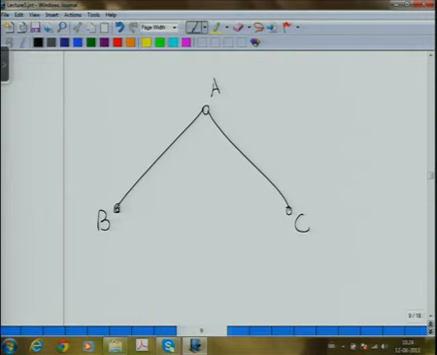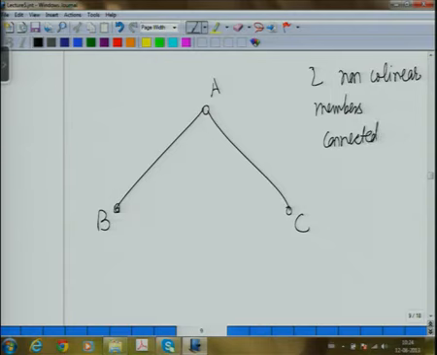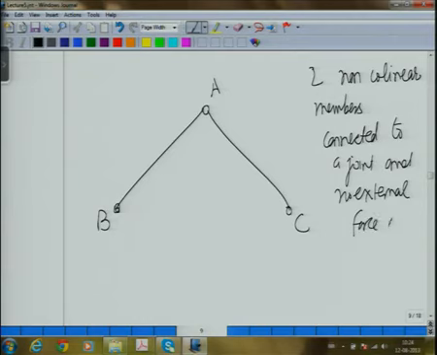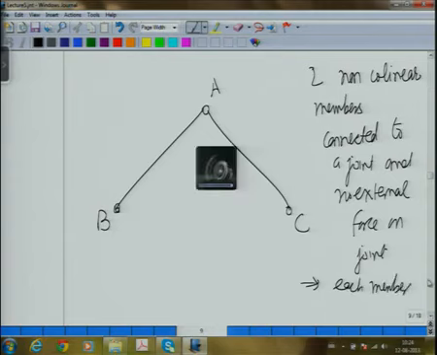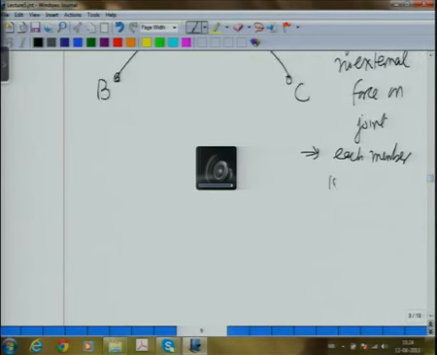So therefore, in this case, when we have two non-collinear members connected to a pin, to a joint, and no external force on the joint, this implies each member is 0 force.